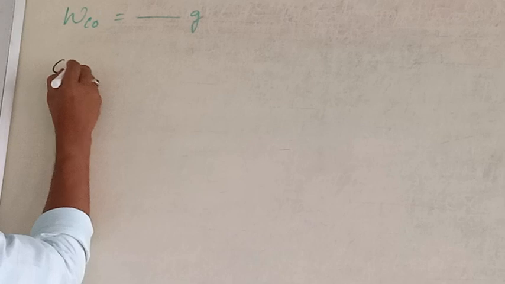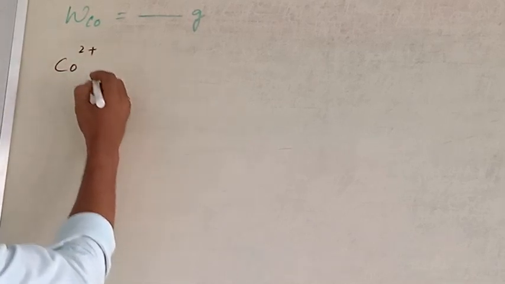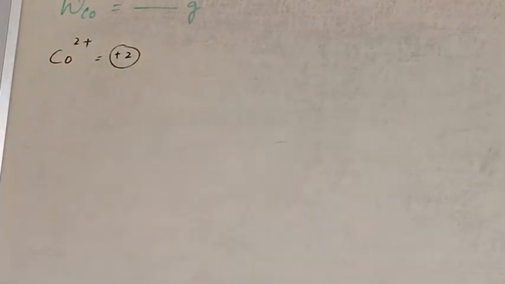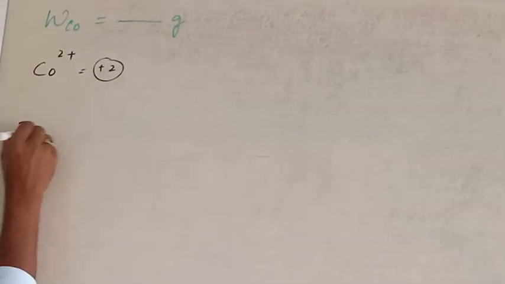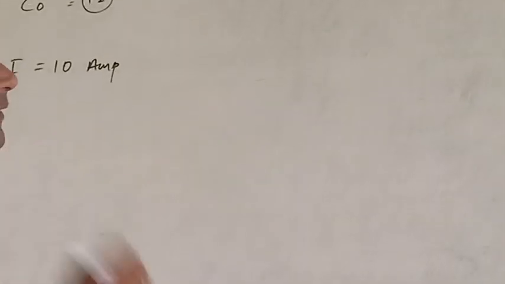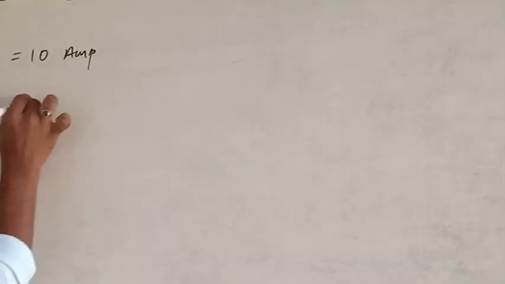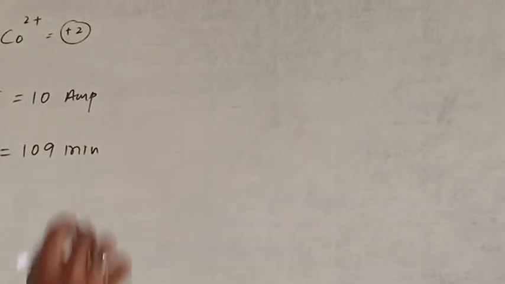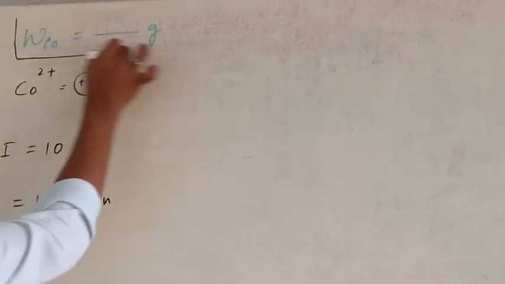Now let's find out what is given. Cobalt 2 chloride, that is cobalt 2+ and chloride, the charge is 2 plus. This is required in order to find the equivalent weight. When electrolyzed with a current strength of 10 amperes, the current I is given as 10 amp, and the time t is 109 minutes. We need to find the weight of cobalt.